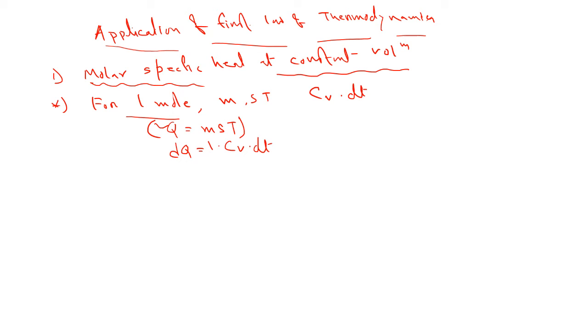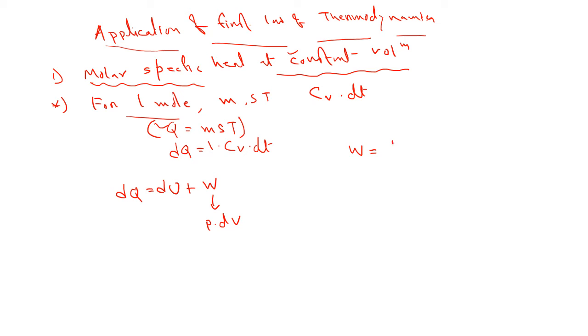Now we can write, using the first law of thermodynamics, dQ equal dU plus W. Here the condition is that the volume is constant. This part we can also write as p dV. So how do we get work done equal to p dV? We know that work done equals force into displacement.